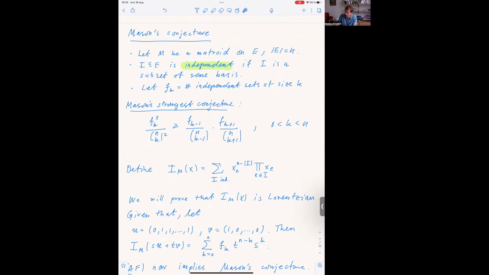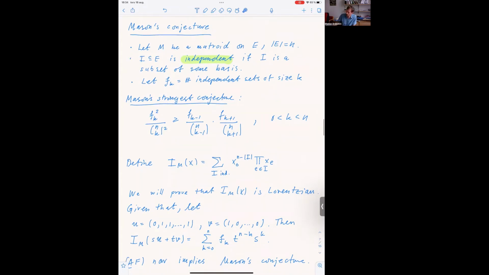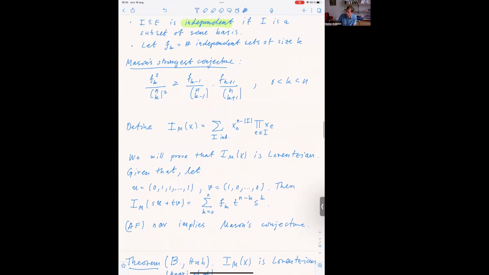And we denote now by f_k the number of independent sets of size k. And then Mason conjectured, he had several conjectures of different strength, unimodality and log-concavity, and the strongest one was this ultra log-concavity. And we'll see how this follows from Lorentzian polynomials.